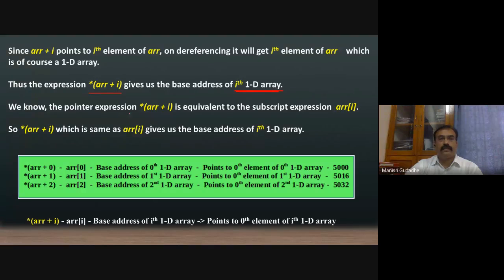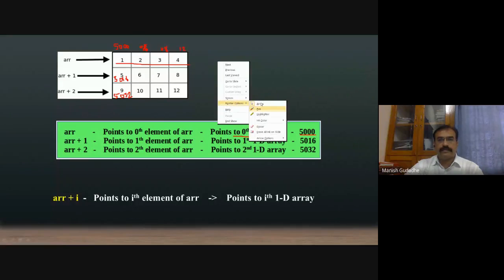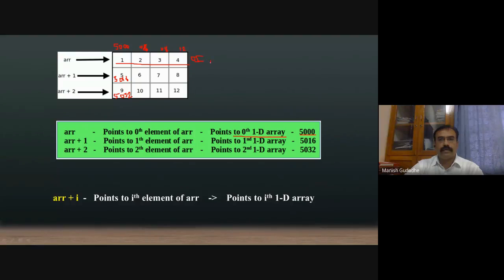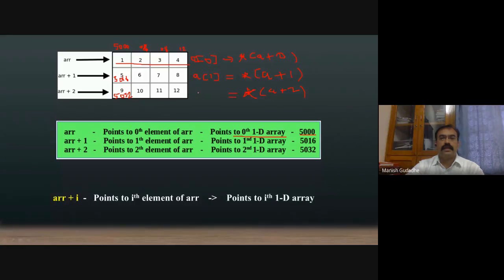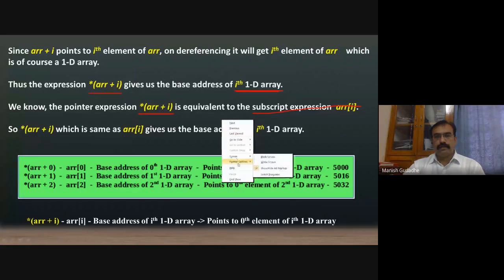We know that the pointer expression is equivalent to the subscript expression. So a of 0 is ultimately pointer to a plus 0, a of 1 is pointer to a plus 1, and a of 2 is pointer to a plus 2, dereferenced. Similarly, pointer to a plus i is a of i.